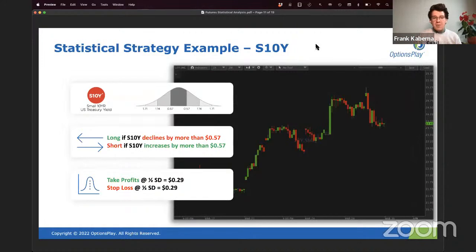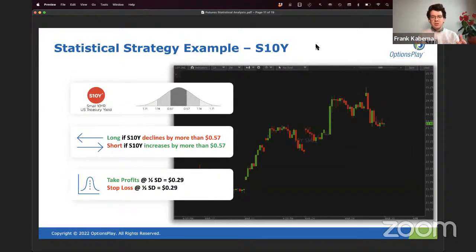I knew people who did it that way. I knew people who waited for 1.5 standard deviations to get in and then managed at 1/2 standard deviation take profit. Whatever you want here, these are the bare bones, the vanilla basic setup that I think, as you're putting out there, Tony, is a great place to start.